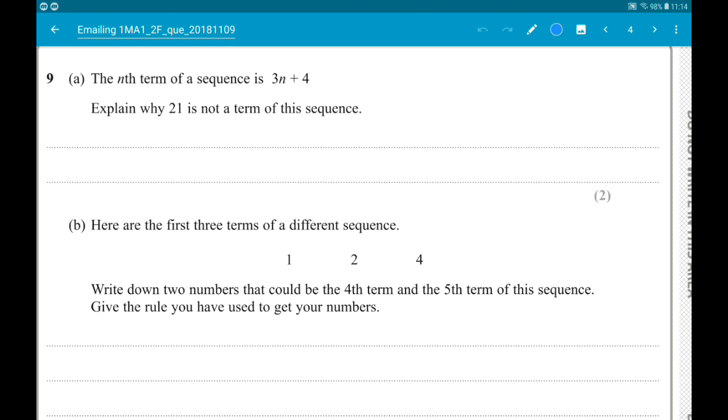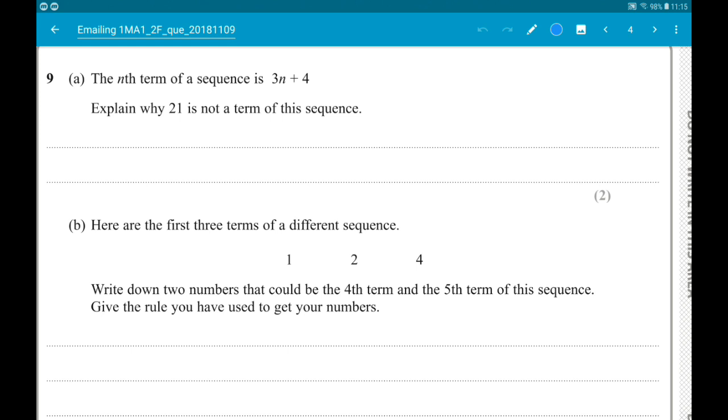So, if 21 was a term, there would be a whole number value for n such that 3n add 4 is equal to 21. For example, the third term would be 3 times 3 add 4. So that would give us 13.